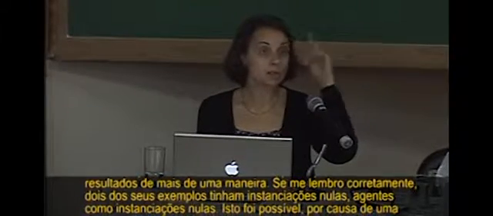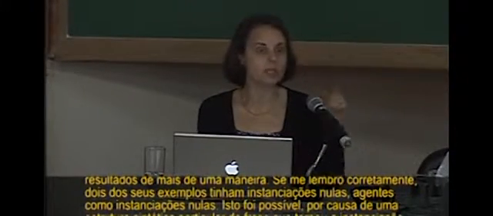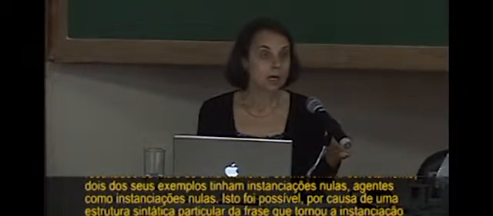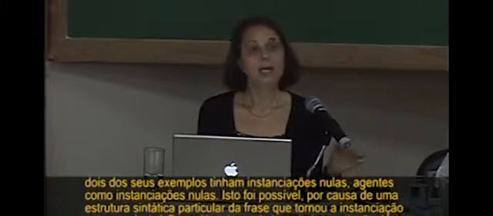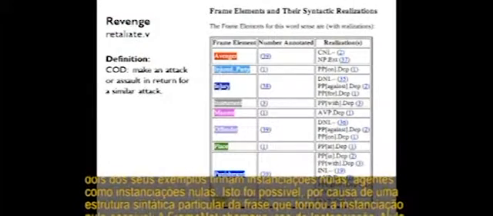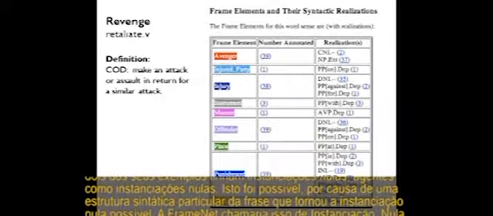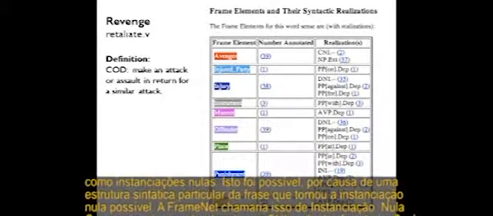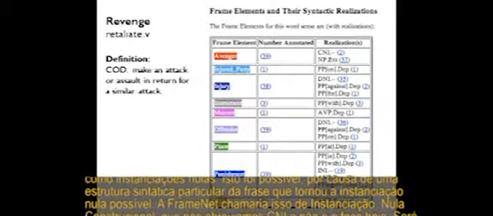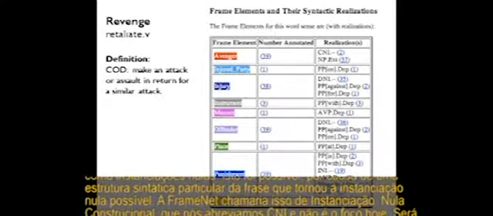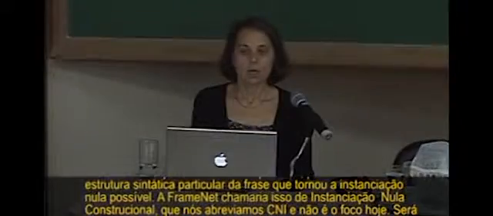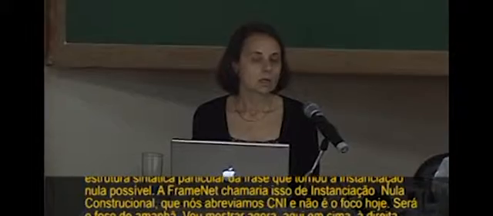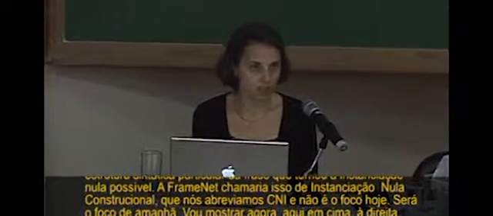If I remember correctly, two of your examples had null instantiated agents, right? And it was because of the particular syntactic structure of the sentence that a null instantiation was possible. FrameNet calls that constructional null instantiation.